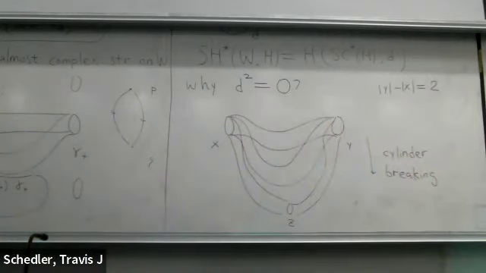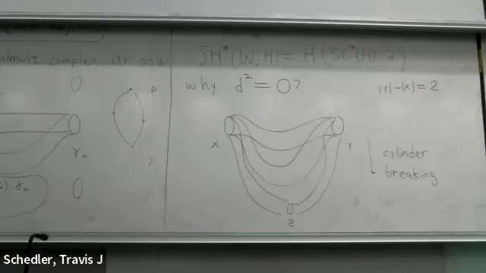Then I claim that d squared equals 0 follows from this picture. We have a compact one-dimensional manifold, and the boundary of this manifold should cancel with each other with proper signs.